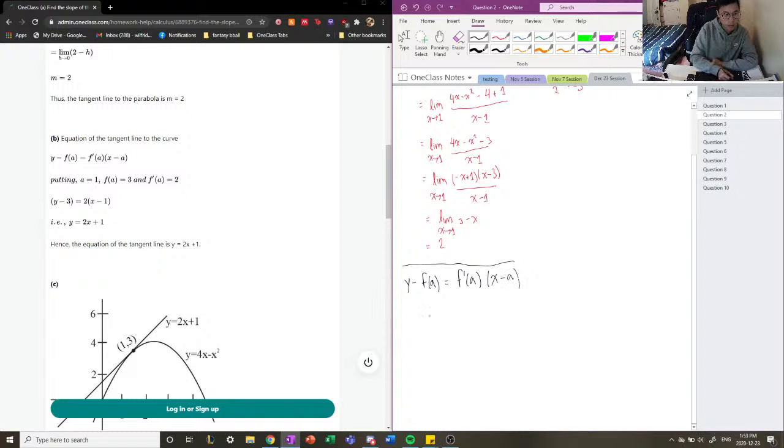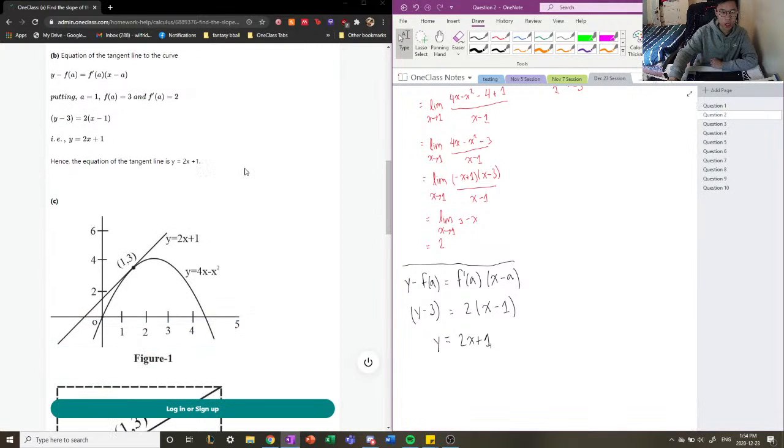If we plug everything in, y minus 3 is equal to the slope times x minus the x coordinate, 1. If we isolate for y, we get y equals 2x minus 2 plus 3, so y equals 2x plus 1.